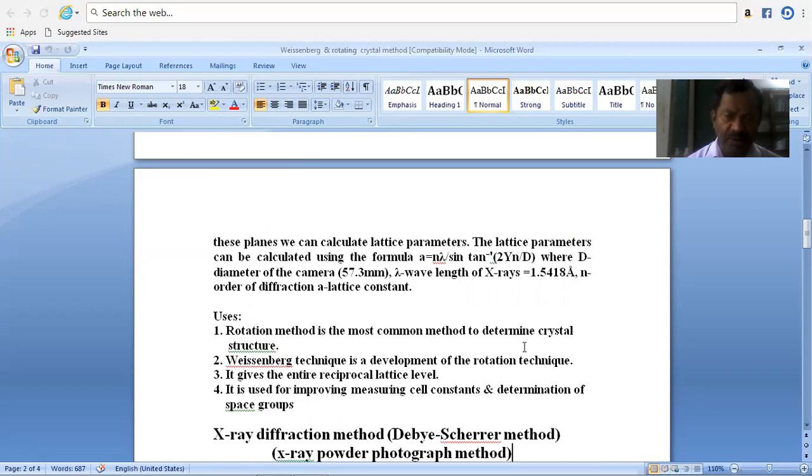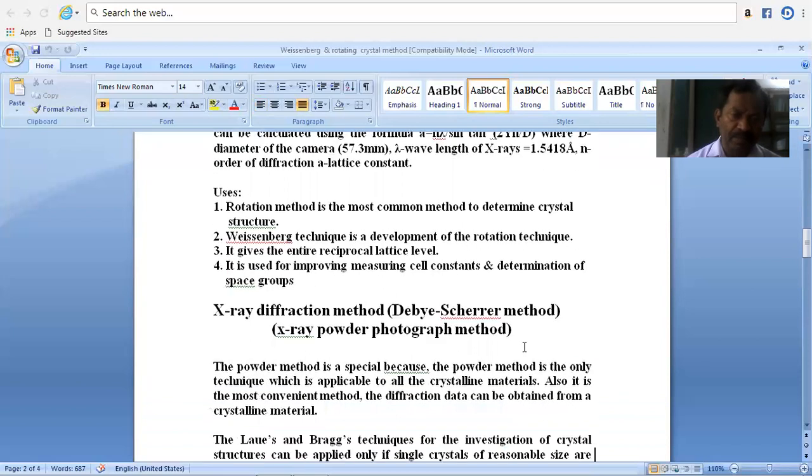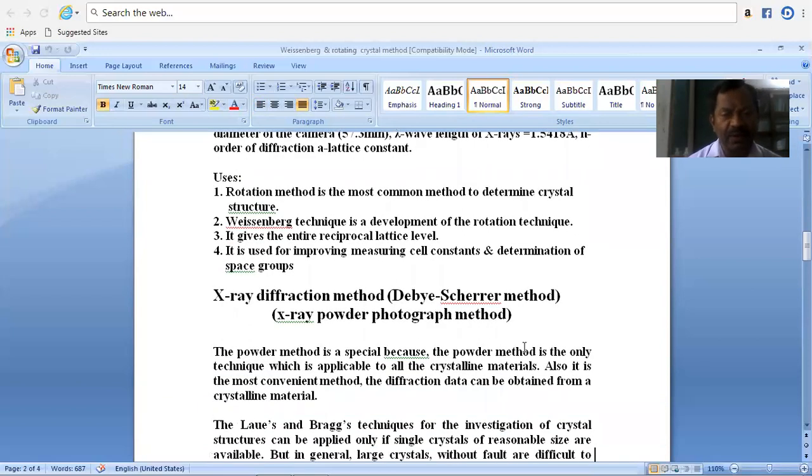Next, we will go for the X-ray diffraction method or Debye-Scherrer method. Sometimes it is also called X-ray photograph method or X-ray powder photograph method.